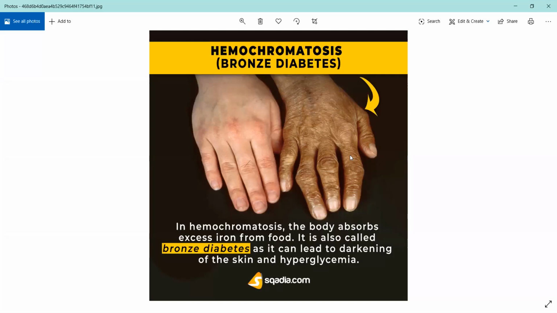We'll discuss that in etiology. Ultimately, iron starts getting deposited in different parts of your body, including your skin, because of which pigmentation occurs and it becomes darkened. Also, your hand will literally look bronze in color, and the patient will have diabetes. That is why it is called bronze diabetes.